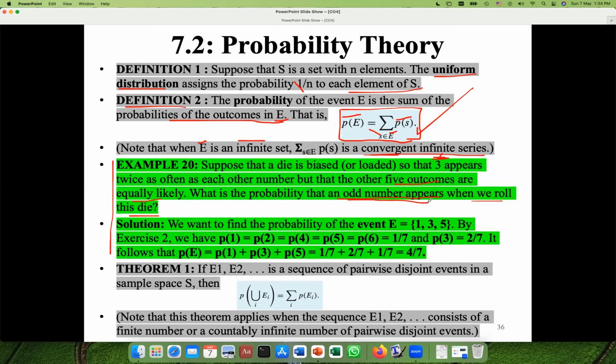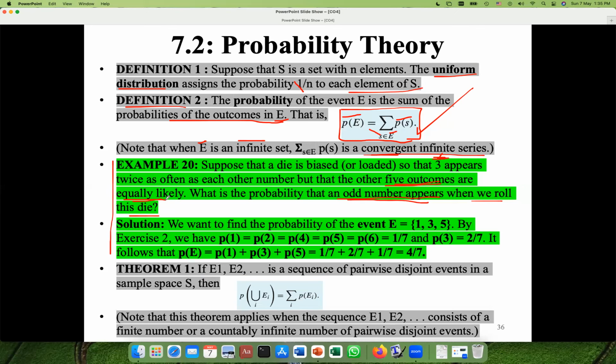All 5 other outcomes are equally likely, and 3 appears twice. So actually you have 5 plus 2, 7 possibilities.